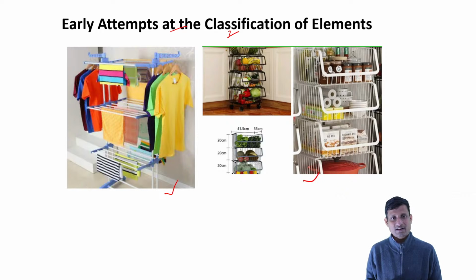If you think about the clothes, we have clothes for winter and summer. We do not keep all these clothes together; we keep them in different places. Similarly, in the kitchen we need vegetables and spices. We do not keep all these things together. We keep vegetables on one side and spices on the other side.